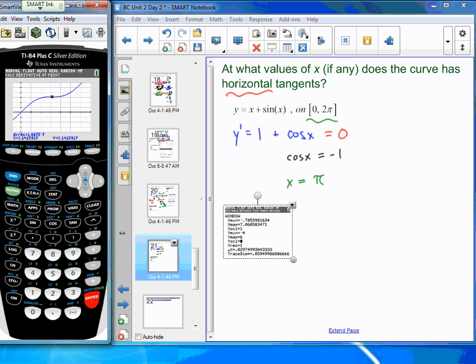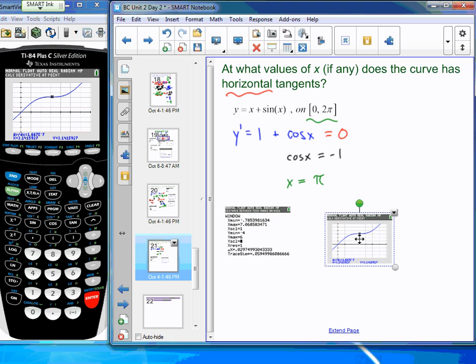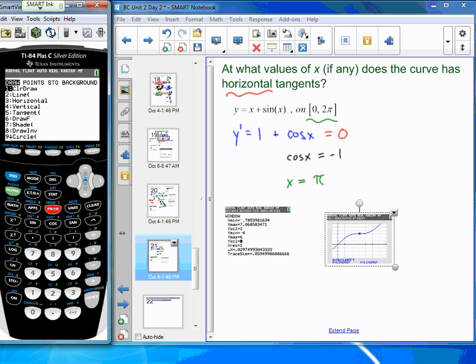The approximation is trying to tell us 0. That's pretty sweet. What else can we do? Second, draw, tangent, 5. I'm going to enter pi again. That's pretty sweet. Cool. All right.